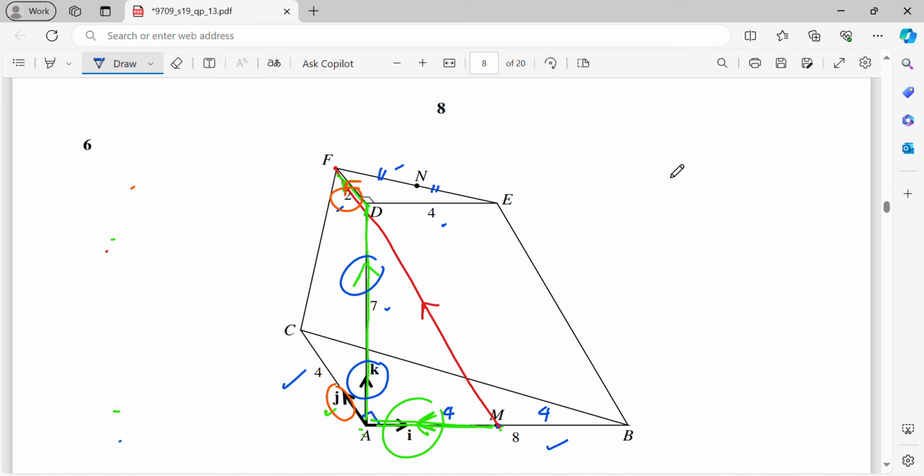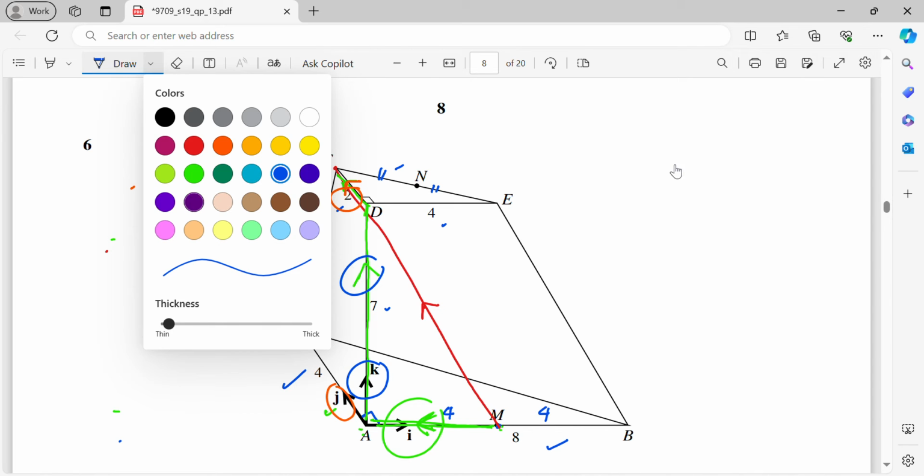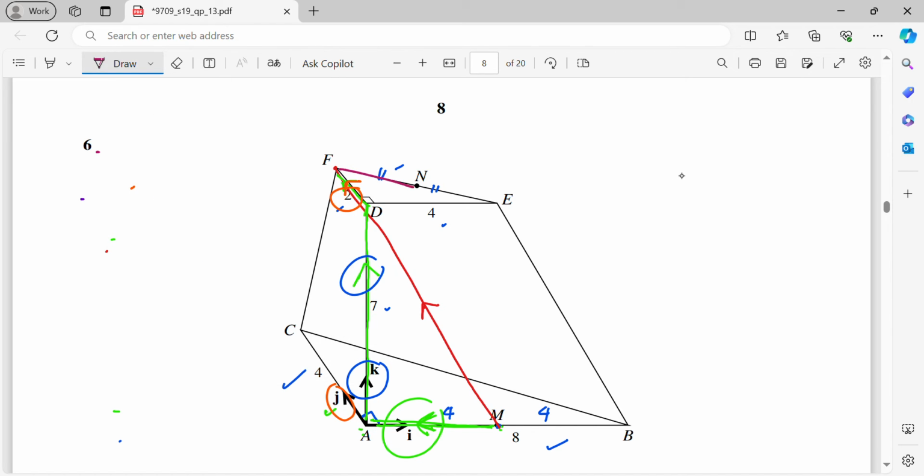So FN here. Okay, so FN, this direction is, well, I can say that FN equals to half of FE. Okay, so write down that first.